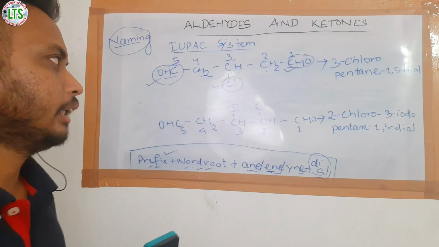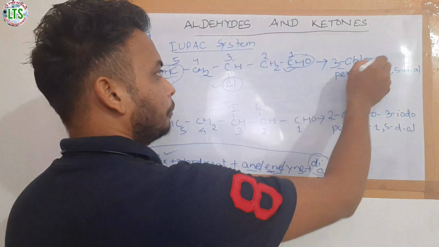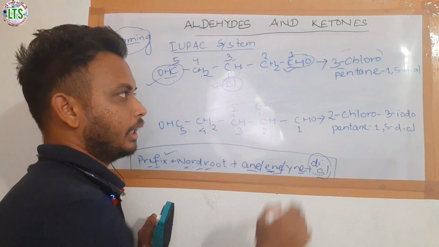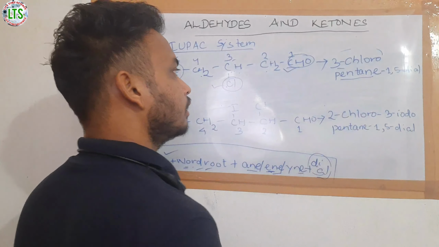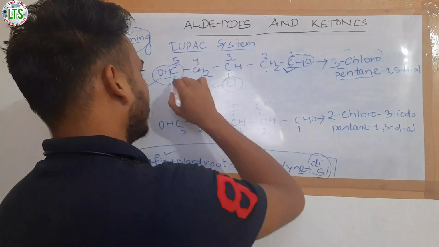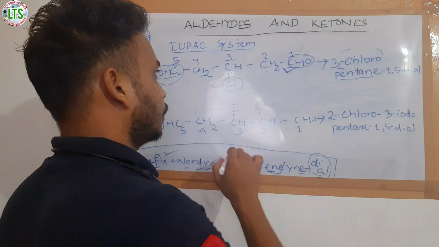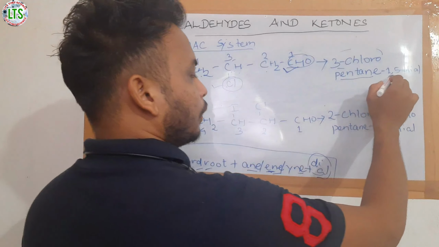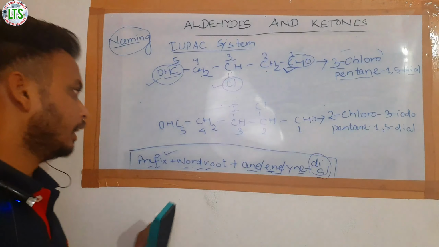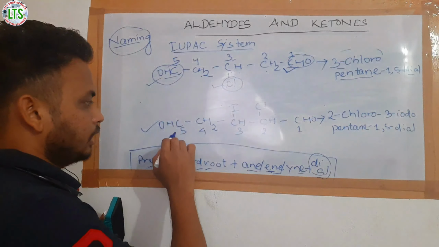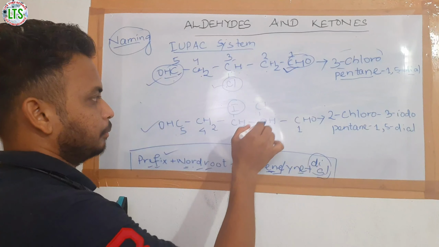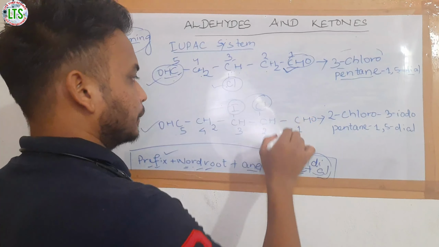So we can write 3-chloro, then the word root, as there are 5 carbon atoms, pentane. Next, at carbon number 1 and carbon number 5 there are 2 CHO groups, so we can write 1,5-dial.